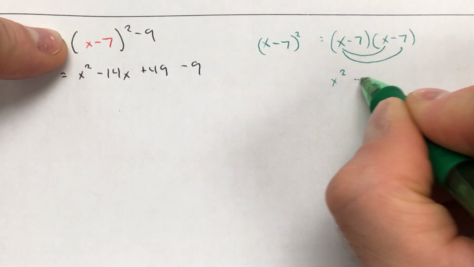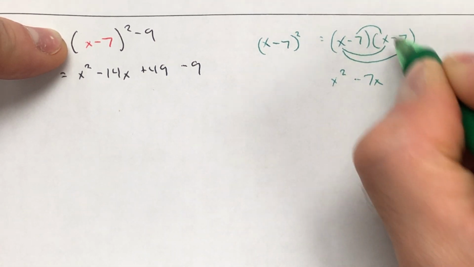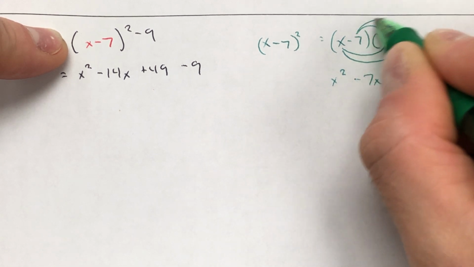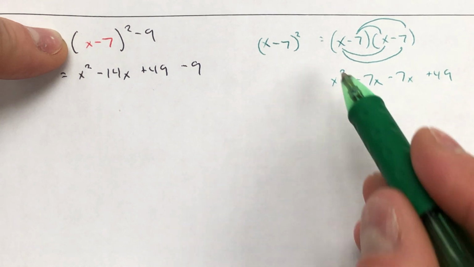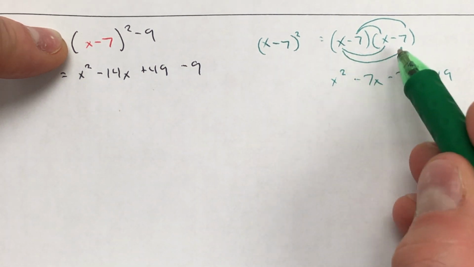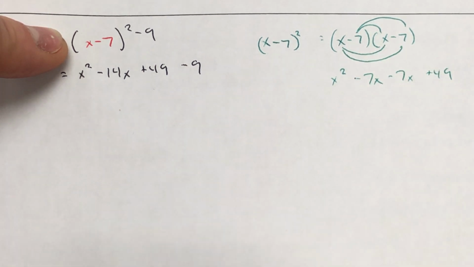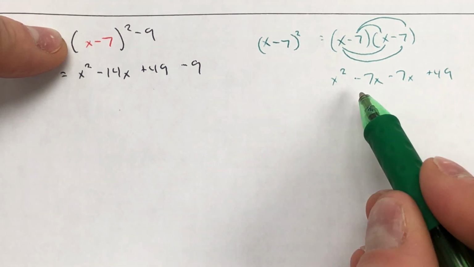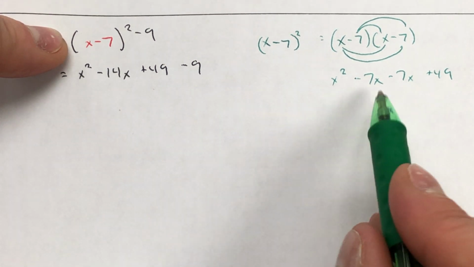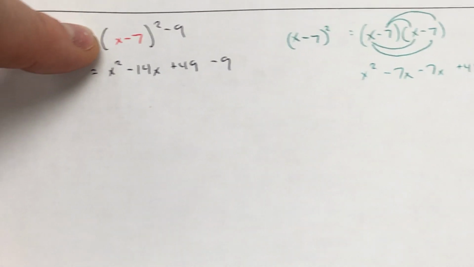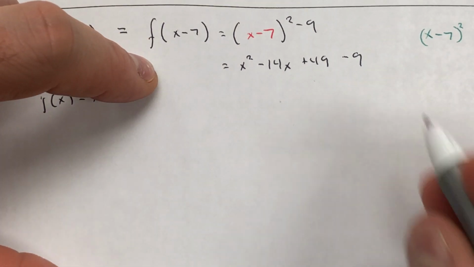FOIL. First, outer, inner, last. We have to distribute the x to both of these terms and the negative 7 to both of these terms. Negative 7x gives me the negative 14x. So don't forget about that right there. It's a very common mistake made.